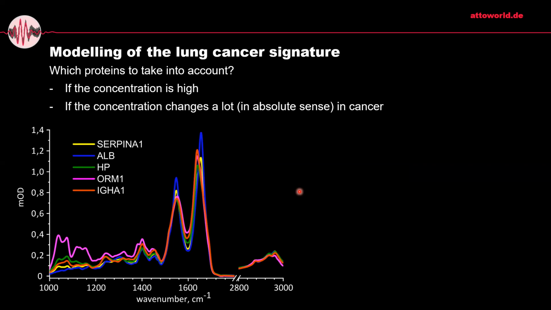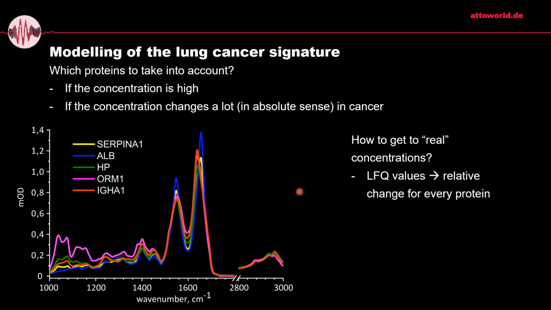Now, having their individual spectra, we also needed their so-called real concentrations. In mass spectrometry, you usually get values. In our case, we had label-free quantification values, so LFQ values, which are very good for quantifying the relative change of concentration of every protein between samples. But they are not so good if you want to actually convert them into real concentrations, whether that's milligram per milliliter or whatever you want to call it.